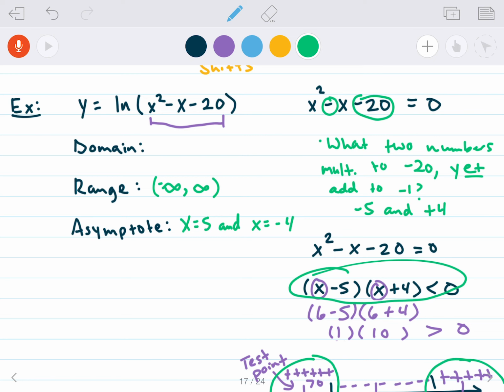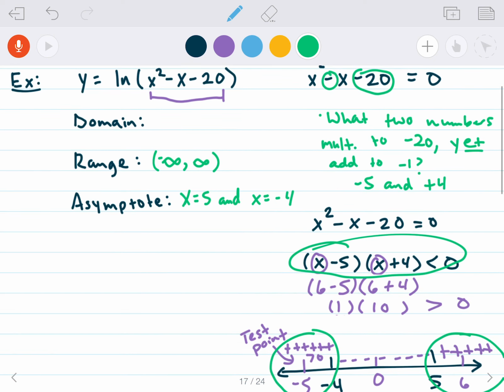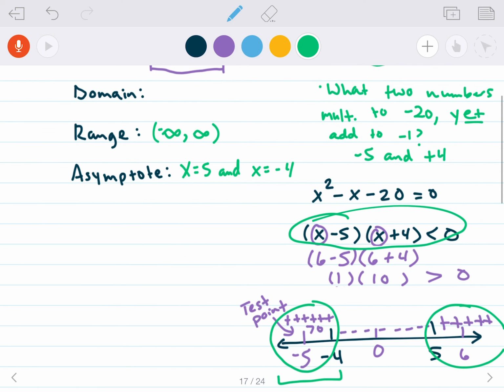And the domain is going to be, well, where on our interval it's positive. We're positive from -infinity all the way up to -4, but not including it. And we're going to union that with this side. So this side is going to be from 5 to positive infinity.